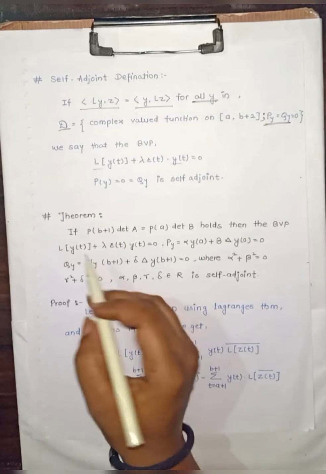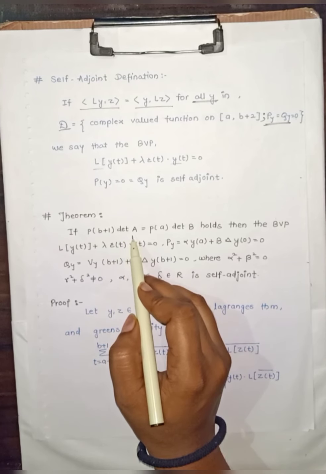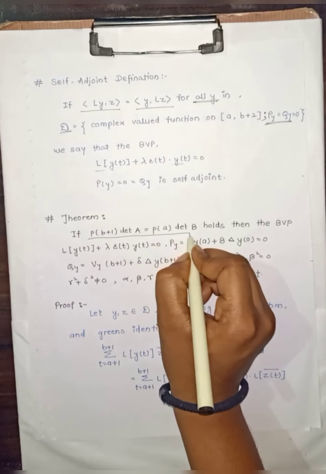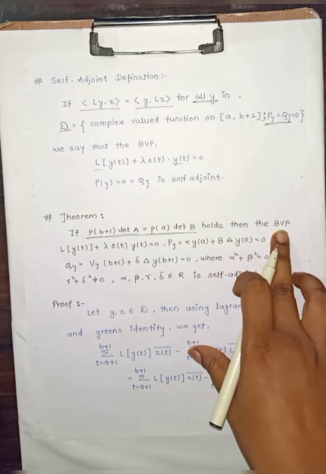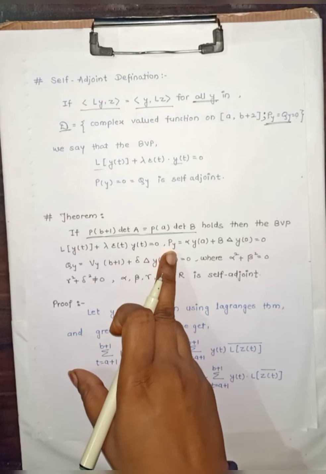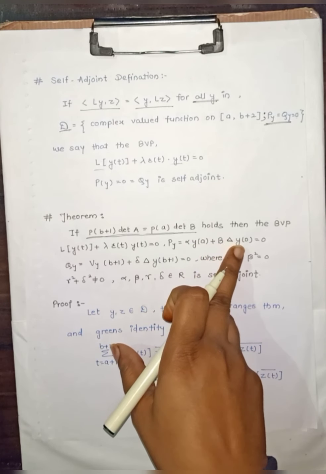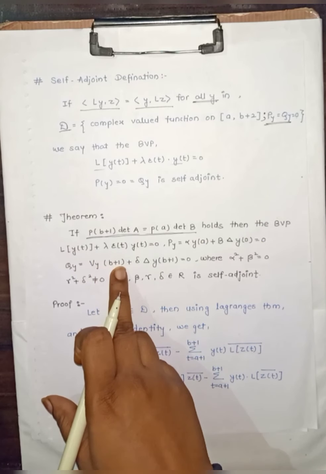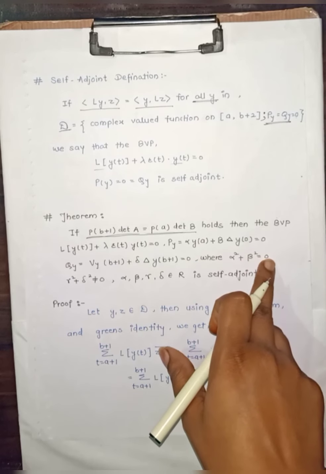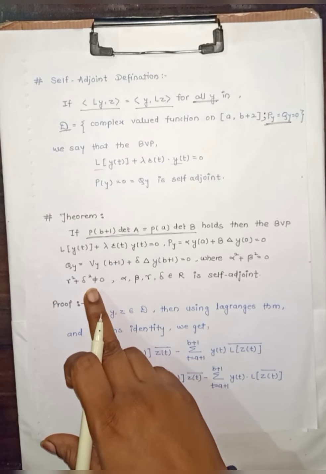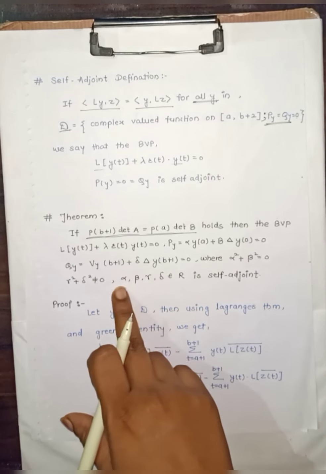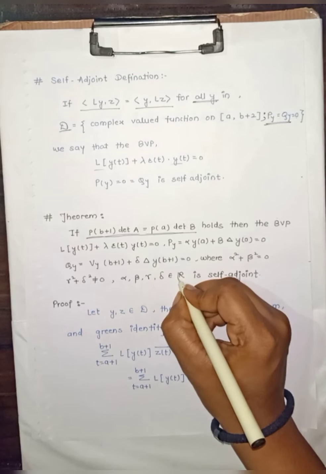The statement of the theorem is: if P(b+1) into determinant of A equals P(a) into determinant of B holds, then the BVP L of y of t plus lambda r of t into y of t equals 0, with py equals alpha y of a plus beta delta y of a equals 0 and qy equals gamma y of b+1 plus delta capital delta y of b+1 equals 0, where alpha squared plus beta squared is not equal to 0 and gamma squared plus delta squared is also not equal to 0, is self-adjoint, and for this, alpha, beta, gamma and delta will belong to real numbers.